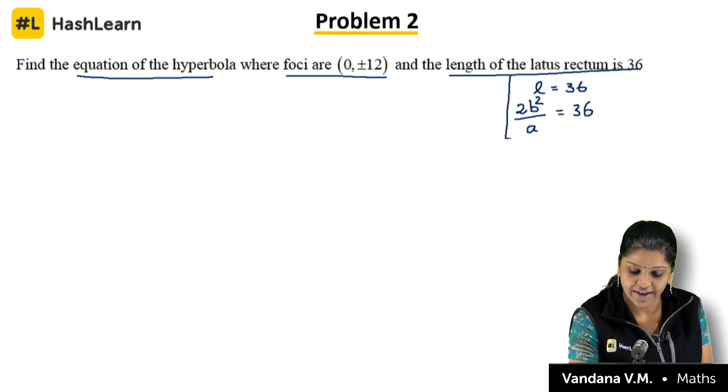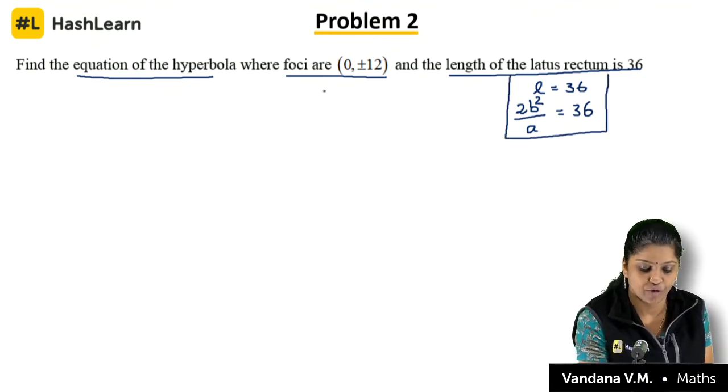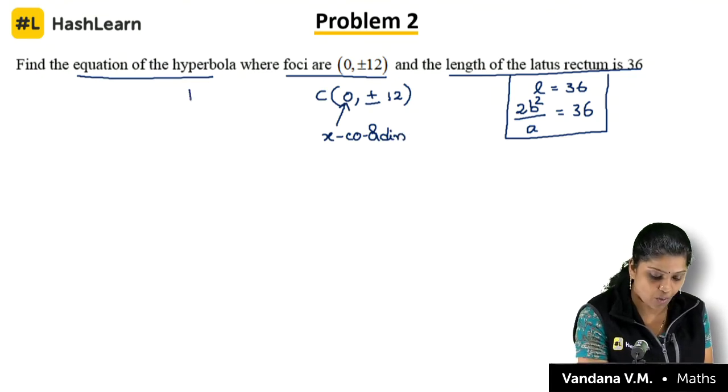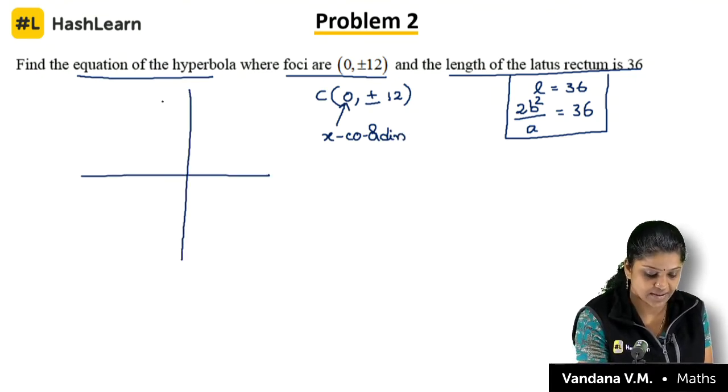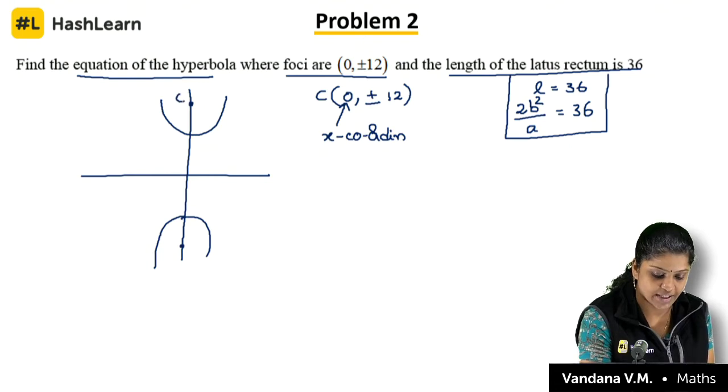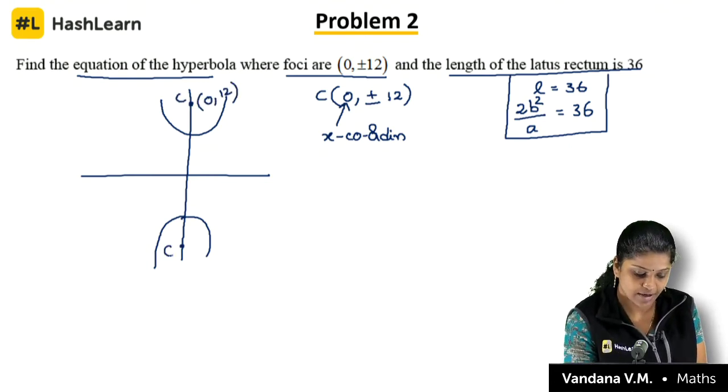So, indirectly they gave this information. Here the foci 0, plus or minus 12. So, here the x coordinate is 0. So, that means the foci is along the y-axis. So, hyperbola once again I am going to have like this. So, foci c is equal to 0, 12 and here the c value is 0, minus 12.